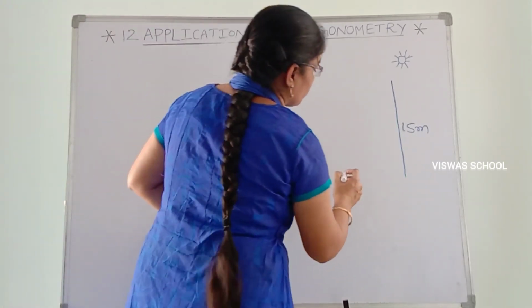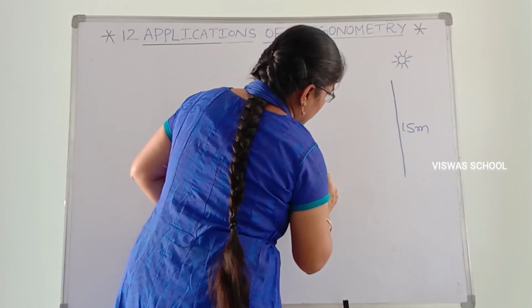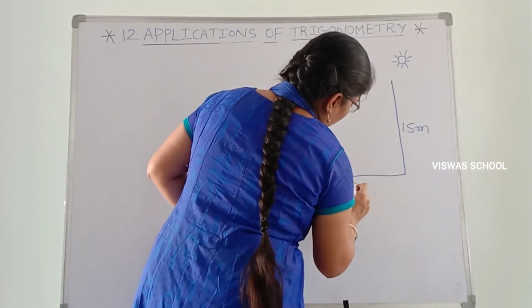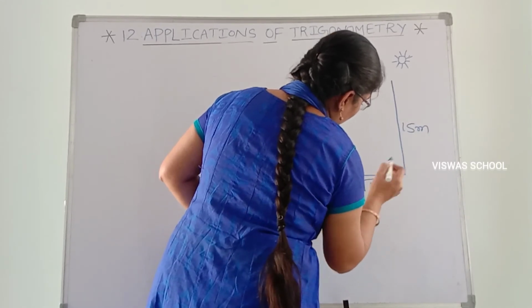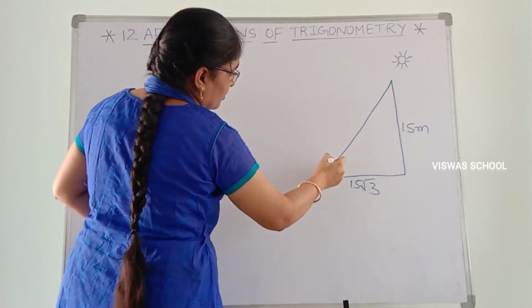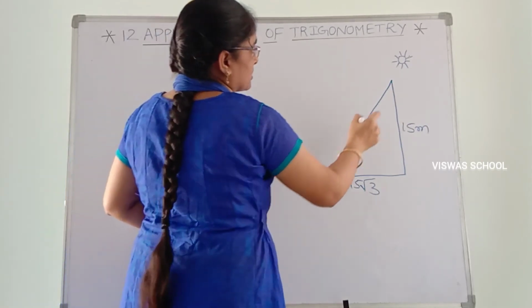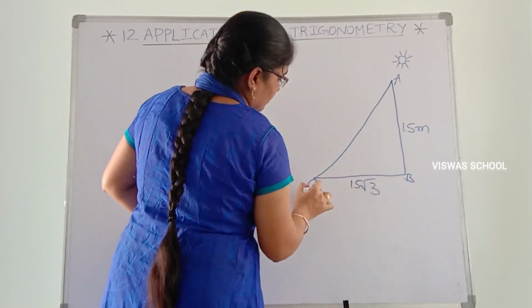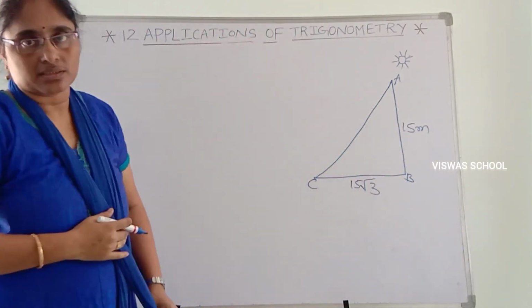This is 15√3. This is the shadow, 15√3. Now, the angle of elevation. I am naming this as A, B and C here.